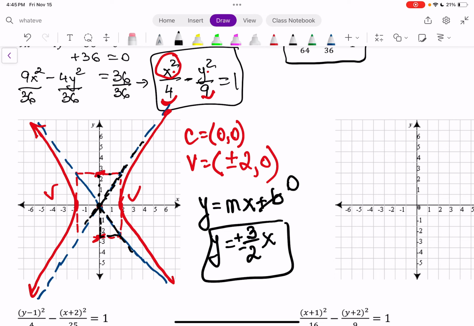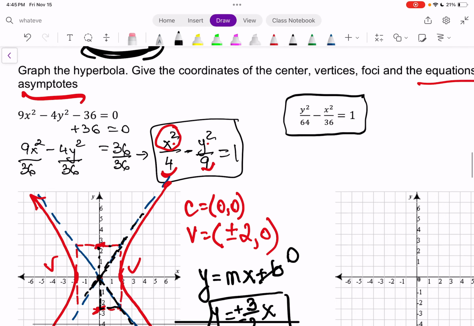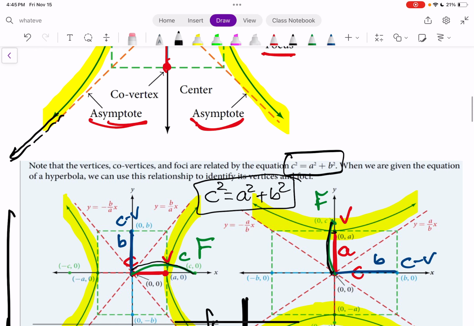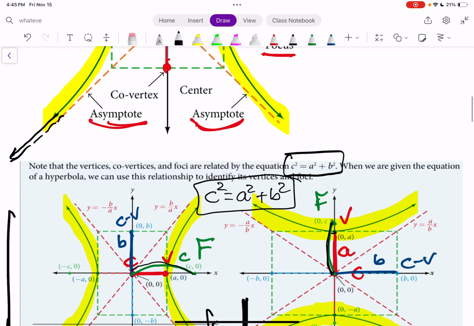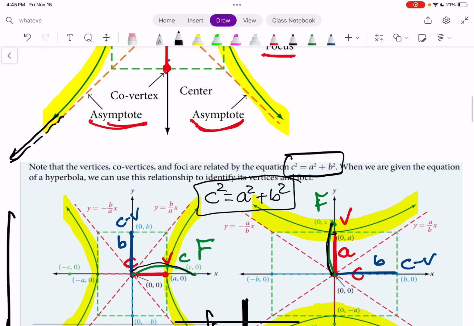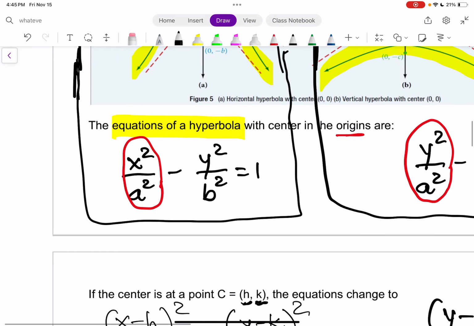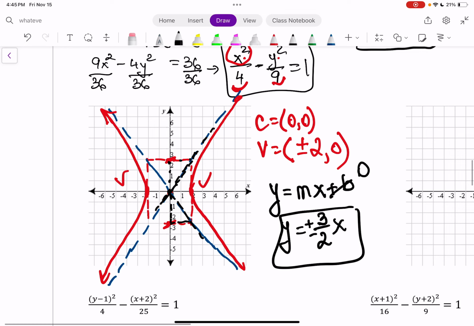So don't worry about memorizing any formulas. Don't start writing A's and B's and whatnot, because you're not going to remember these formulas. I'm not going to put these formulas on your test. I will definitely put the equations for the hyperbola, ellipse, circle, and parabola for you, but not the equations for the asymptotes, because you don't need a formula.